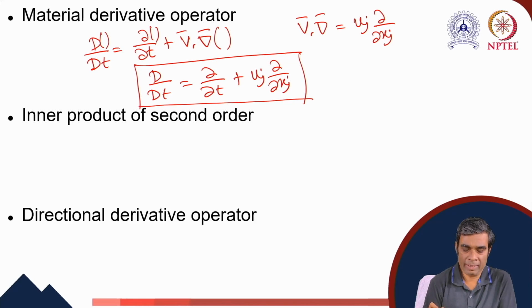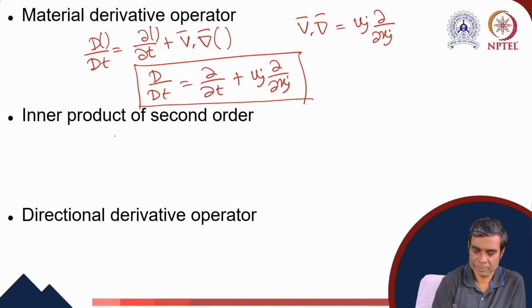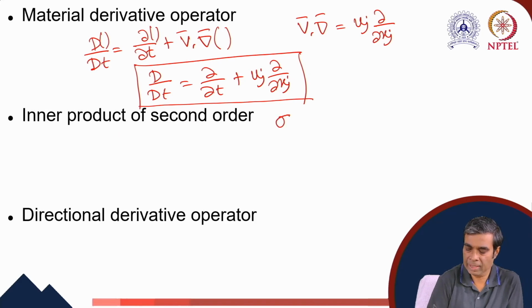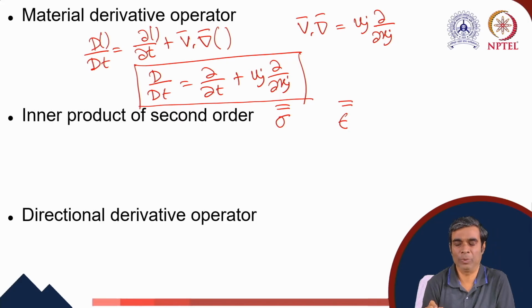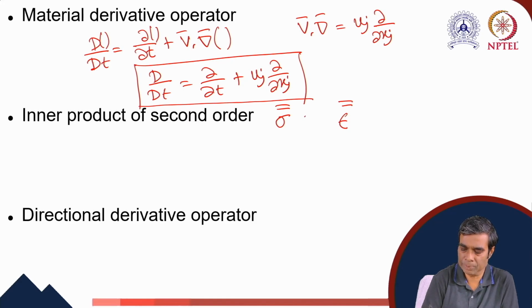Next, we provide the expressions for inner product of second order. So inner product of second order is possible for tensors of order 2. Let us consider the stress tensor sigma and the strain rate tensor epsilon. Both of them are second order tensors. If we want to take a dot product between them and we want a scalar quantity as the output, then we can write the product with this symbol, sigma double dot product epsilon.